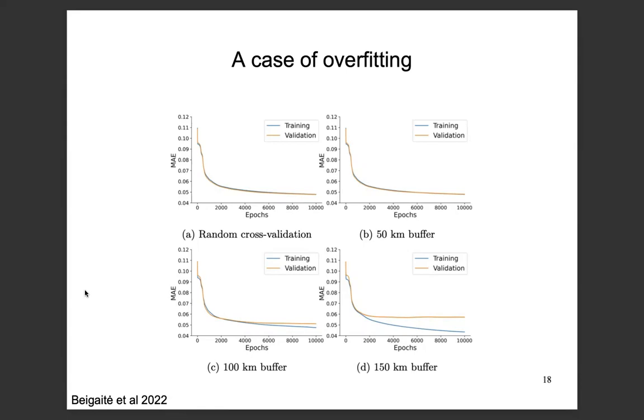This is random cross-validation, where training and validation error completely overlap, and this is with increasing size of the buffer of isolation. With a large enough buffer, and with enough epochs, here with enough potential to overfit, we see that the training error becomes significantly lower than the validation error, and that's what would be expected under overfitting.